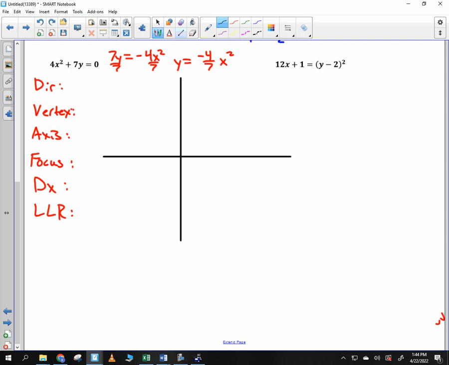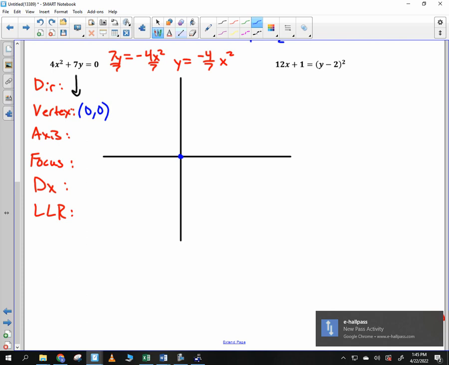Direction. Very good. It's down because it's negative. Vertex. It does have a vertex, 0.